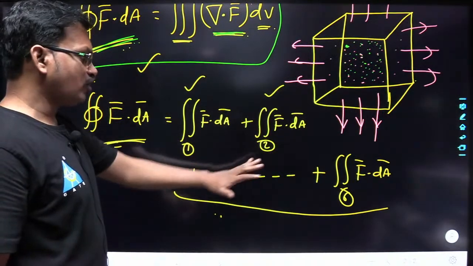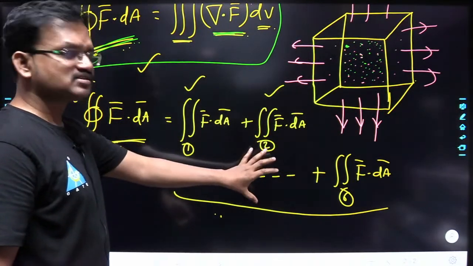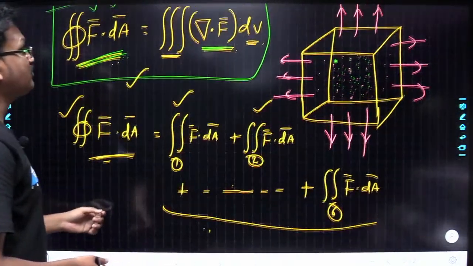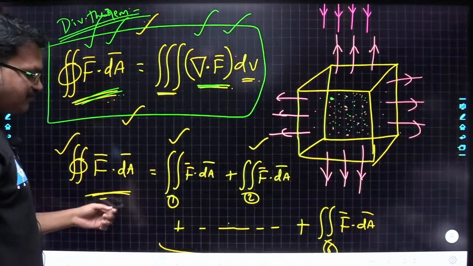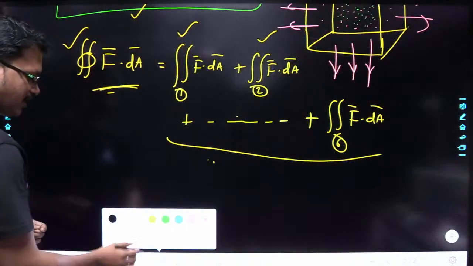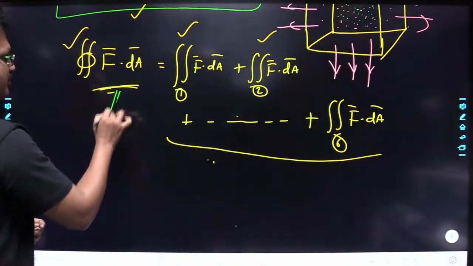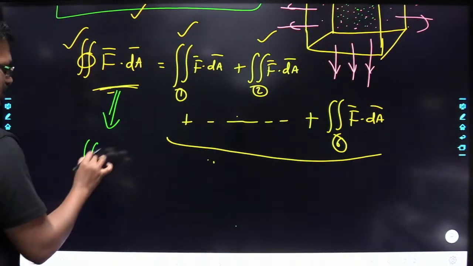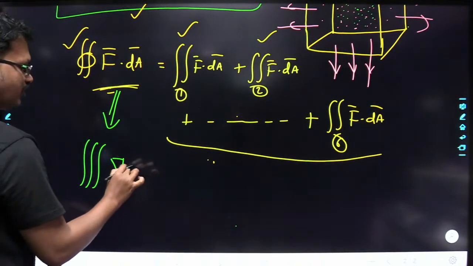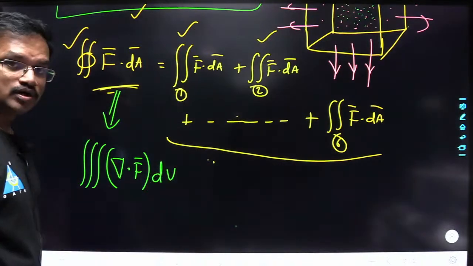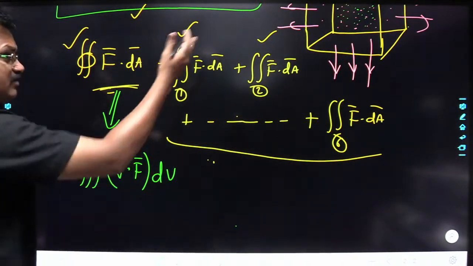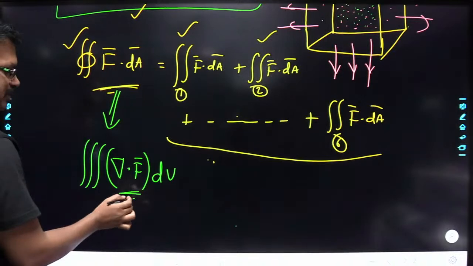So instead of following this lengthy procedure, you can simply apply the divergence theorem. If you apply the divergence theorem, you can represent this as the triple integral of divergence of f bar into dv. For the given vector field, just determine the divergence.